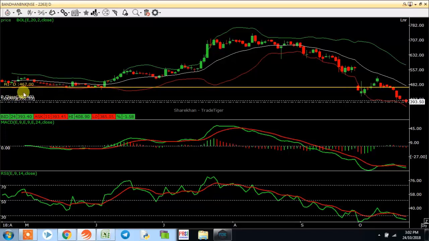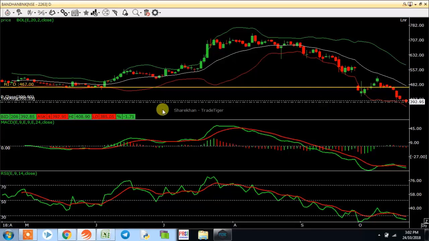We could see here the resistance of Bandhan Bank is at 467 rupees. It's an indication that if the price moves upward from 393 to 467 and breaches this level, then the price may move up.